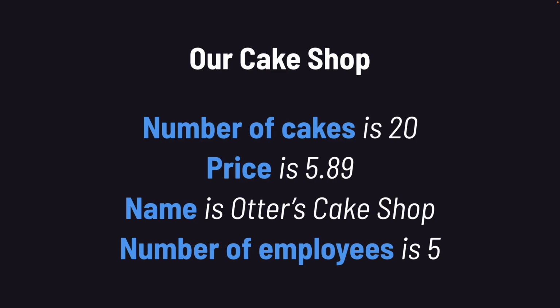You need a cake price, and let's say each cake costs $5.89. Then we need a name for our store, and the name of ours will be Otters Cake Shop, and the number of employees as a fourth variable, which is 5.